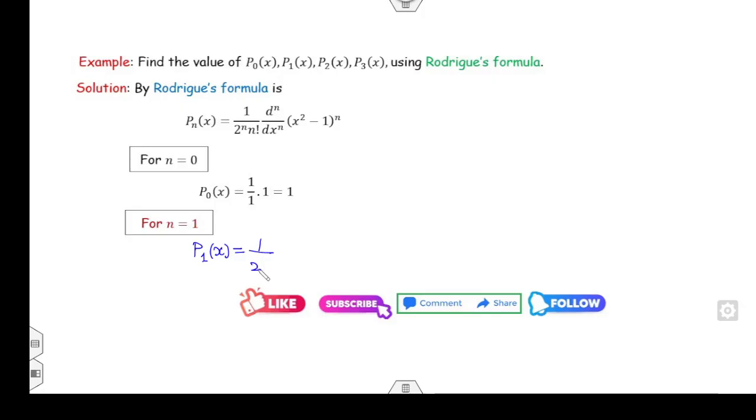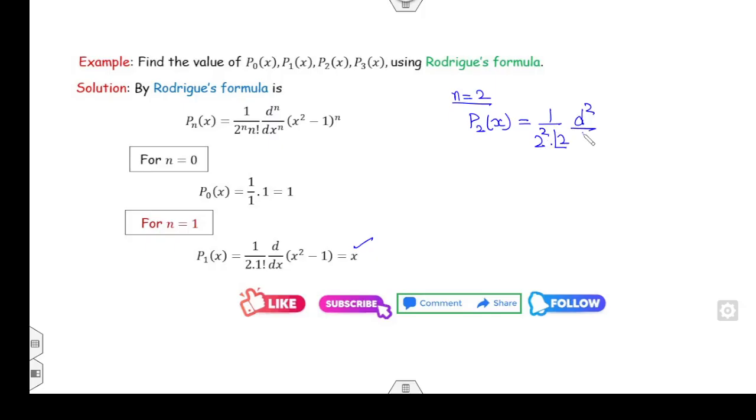Fine, it's a 1/2 की power 1 factorial, first derivative of x square minus 1 power 1. तो ये कितना बन गया? 1/2. First time derivative is 2x, so 2 and 2 will be cancelled. P1x is my x. Similarly, when you take n is equal to 2, what is the value of the P2x? 1/2 की power 2 factorial, second derivative of x square minus 1 square.